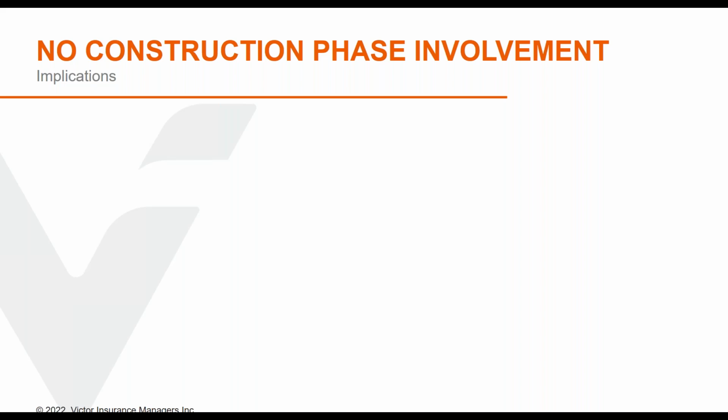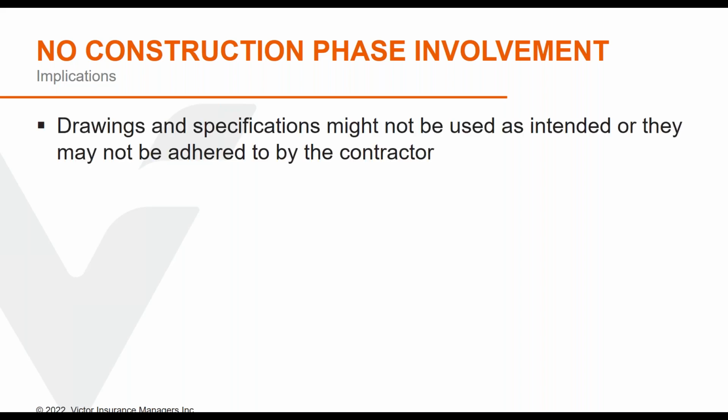So the implication is that, hey, your concern is that the drawings and specs might not be used as intended, or they might not be substantially adhered to by the contractor. And if problems subsequently occur, you may be entangled in a dispute based on allegations that the documents were negligently prepared. You will have to essentially conduct your defense without the benefit of having observed the construction, and that could really weaken your position.